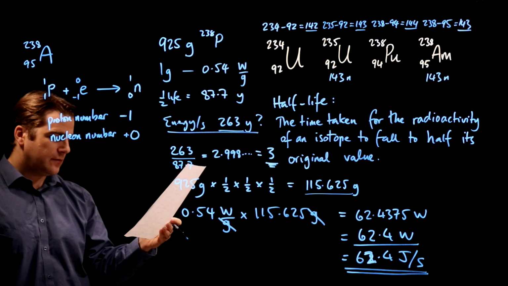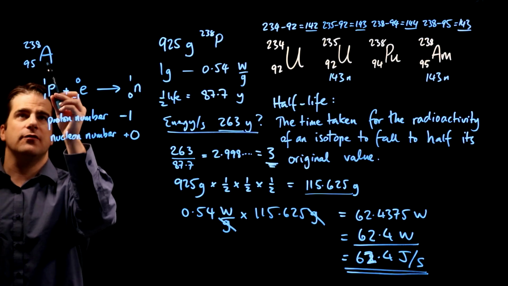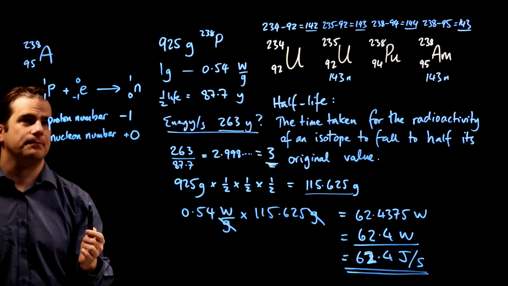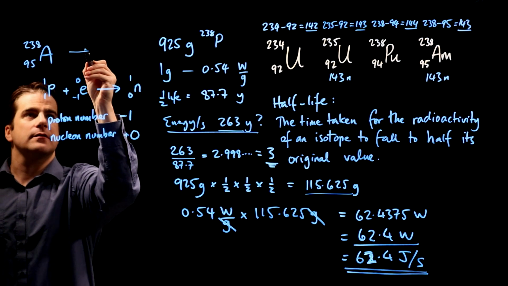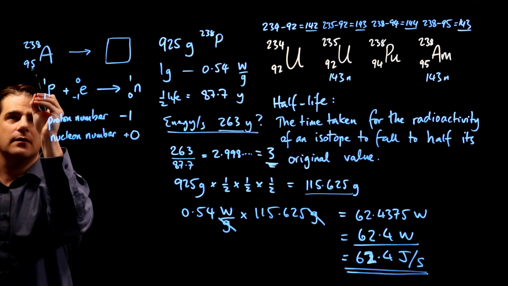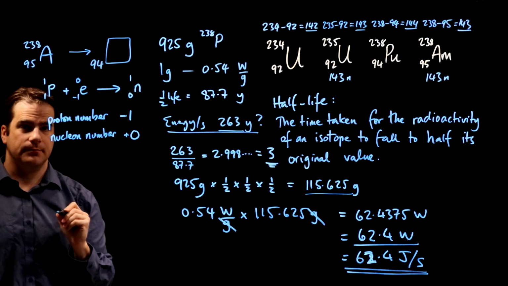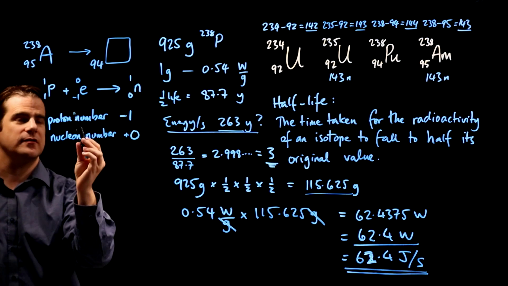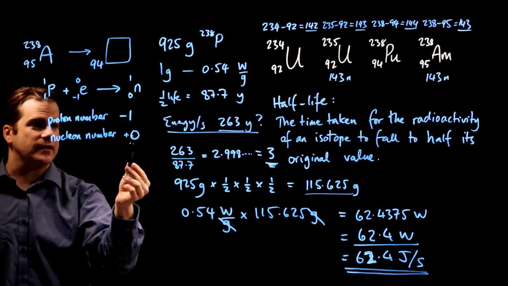So, which nucleus is formed when this happens? We started off with an americium-238, 95 nucleus. The proton number has gone down by 1. So whatever we're making here, it used to have 95 protons, it's now got 94. And the nucleon number hasn't changed, because it's lost a proton, but it's gained a neutron. So it's gone -1, then +1, it hasn't changed.